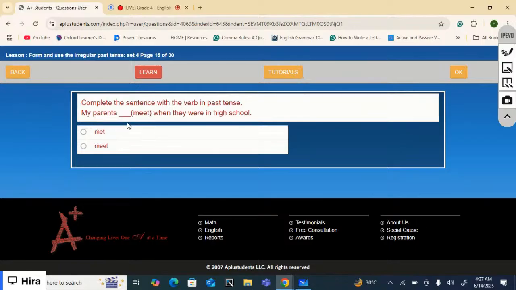My parents blank when they were in high school. Meet is the verb. What is the past tense? Complete the sentence with a verb in past tense. Is it met or meet?